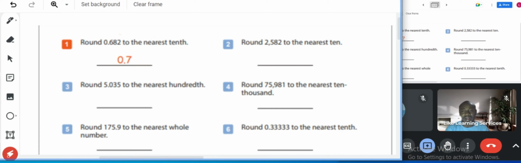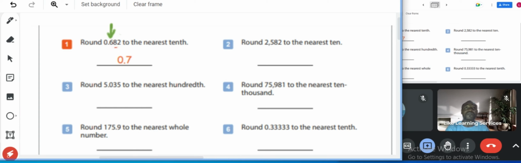Which number is the place value for tenth? 6. 6 is tenth, isn't it? Yes. So we are supposed to stop at this 6. Okay, so we are stopping at 6, but you look at the next number after 6.